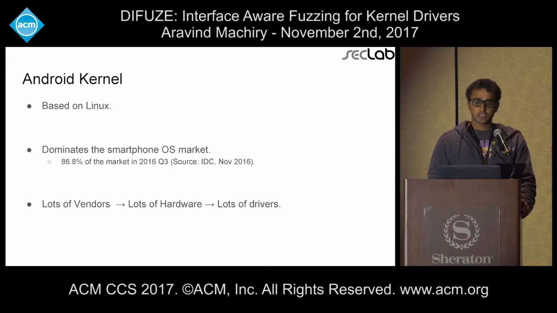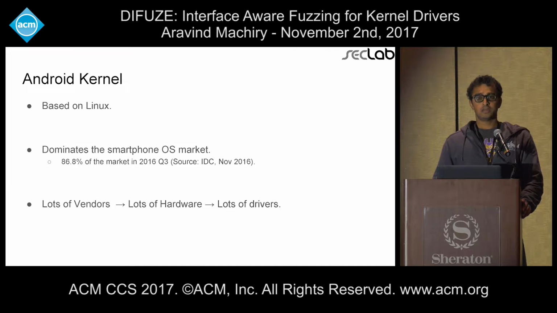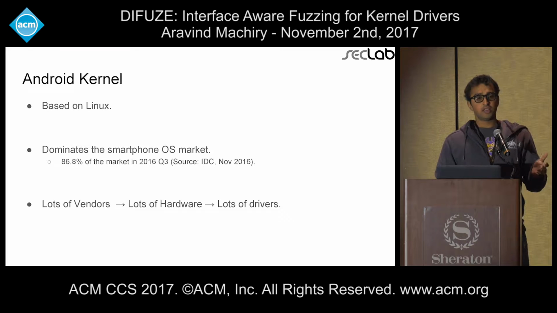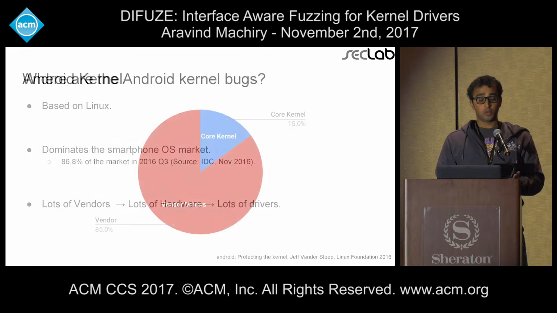Now let's look at the Android kernel. It is based on the Linux kernel, and Android dominates the smartphone OS market with 86.8%. It has close to 100 vendors and a lot of hardware, which needs a lot of drivers. As evident from yesterday and from the Android security bulletins of the past couple of years, Android kernel bugs are increasing, and most of these bugs are actually from vendor drivers.